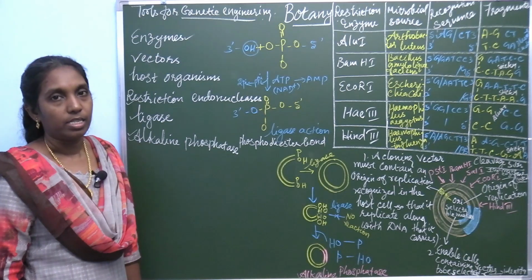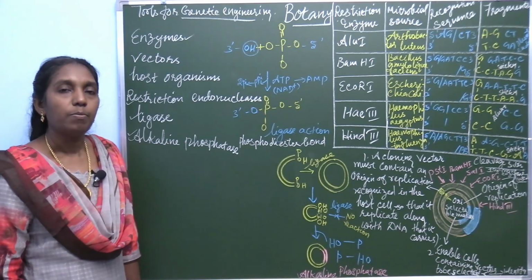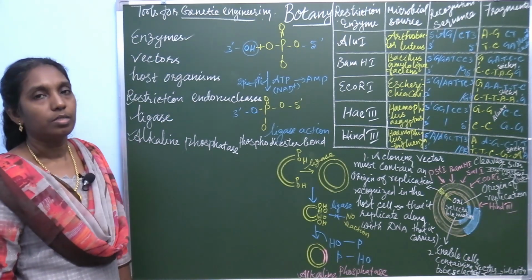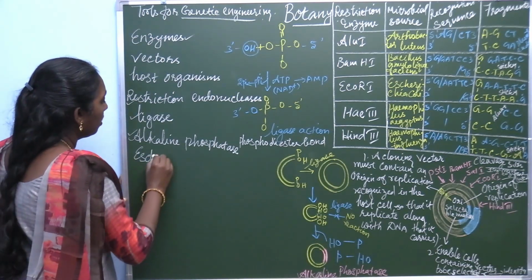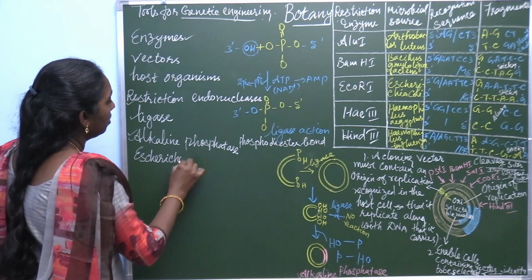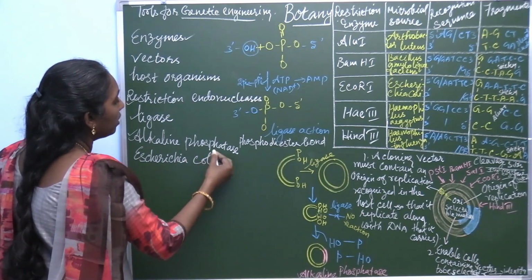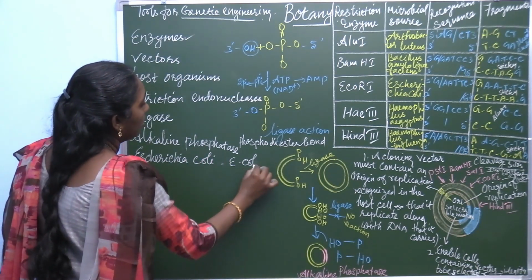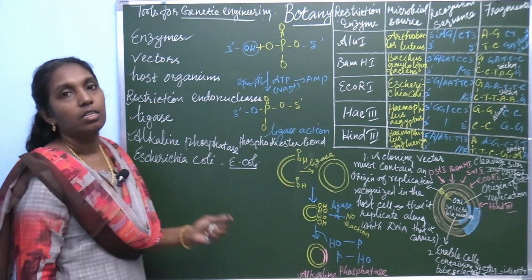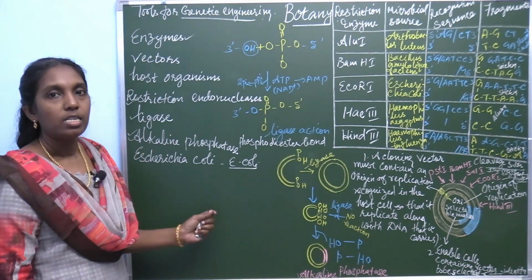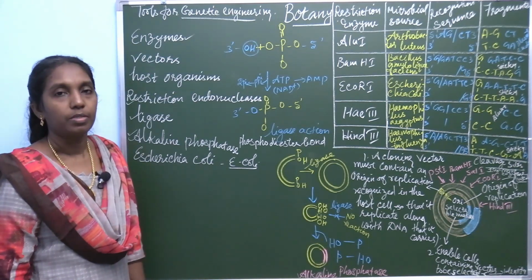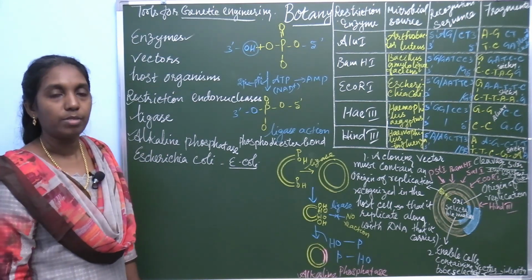Restriction endonucleases. There is a common bacteria, Escherichia coli, commonly called E. coli. In this bacteria, there are two different kinds of enzymes observed.